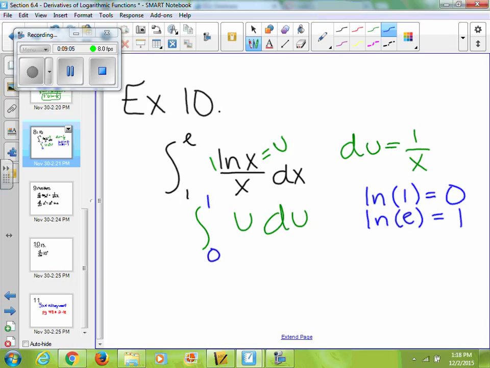Okay, so the integral of u would be just like if you were integrating an x. What would happen to it then? If this were an x value, it would become x squared over 2, right? When you integrate it? Yes? So integrating u would become u squared over 2. And we're going to evaluate that from 0 to 1.